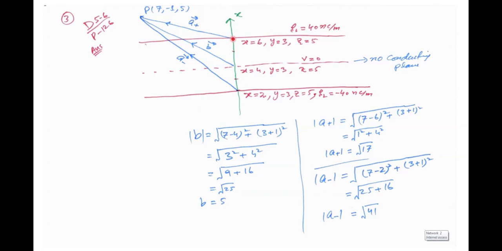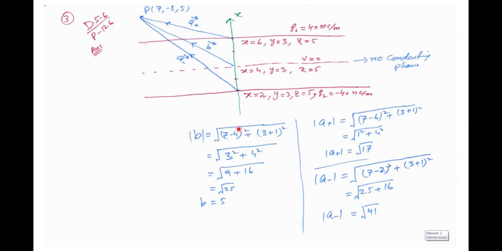The vector from the positive line charge is denoted by a plus vector. The vector from the infinite plane having 0 potential to the field point is represented by b vector, and the vector from the image line charge at x equal to 2 to the point P is represented by a negative vector.